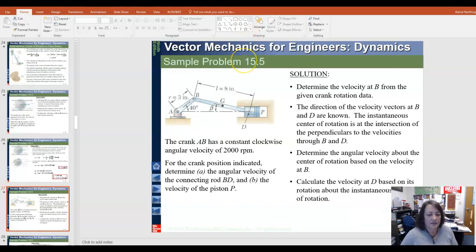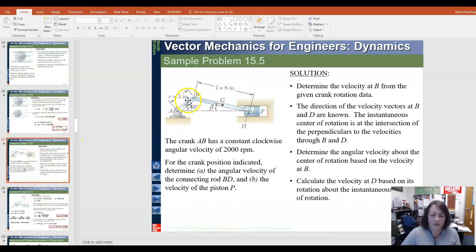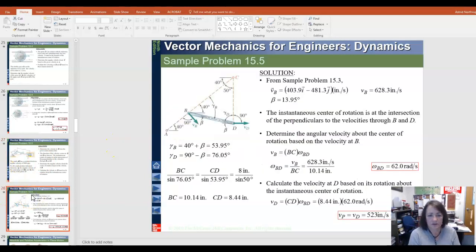All right, here's another problem that's going to lend itself kind of nicely to that solution. Just skipped ahead. Sorry about that. We did this too, where we have a crank arm, and we have a joint, and we have a piston. We can also solve this problem pretty quickly using an instantaneous center, where we know that the velocity at point D looks like this, so the instantaneous center is perpendicular.